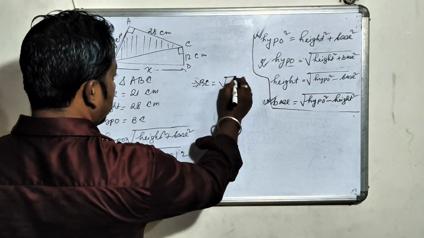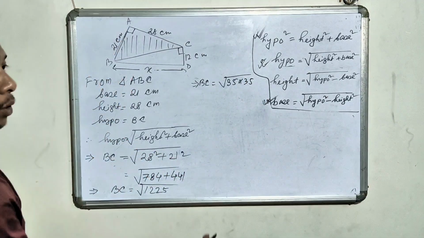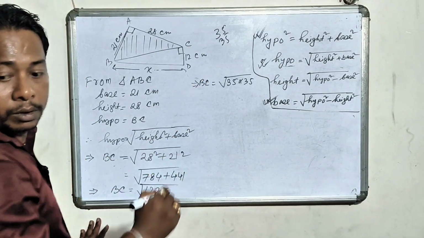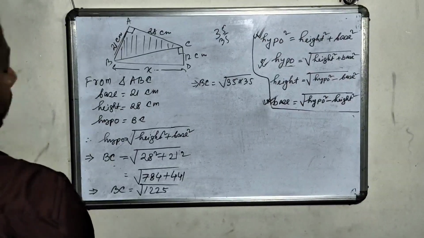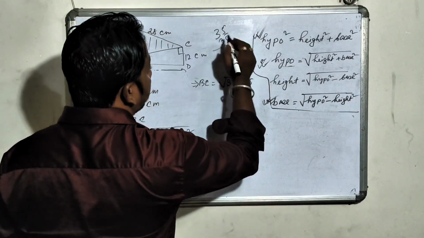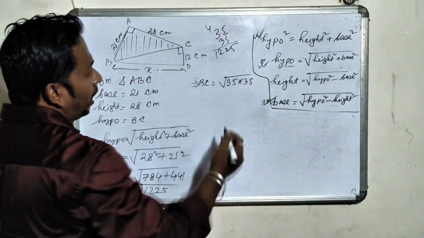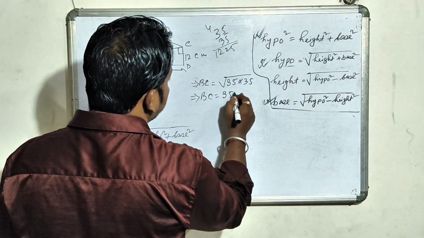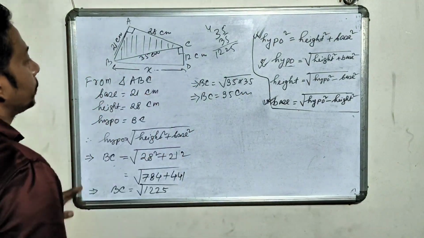BC equals 35 into 35. You can ask from where we get this value, simple, 35 into 35, that is 1225. So BC equals 35 centimeter, and we get the value of 35 centimeter here.